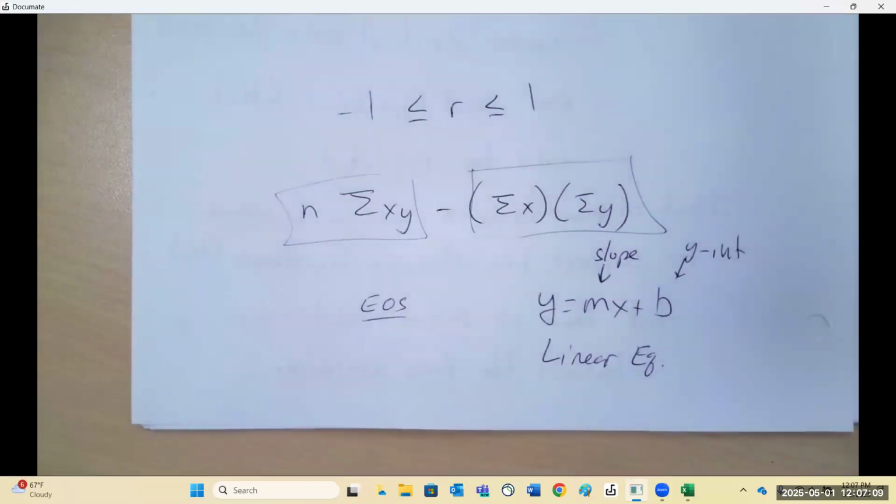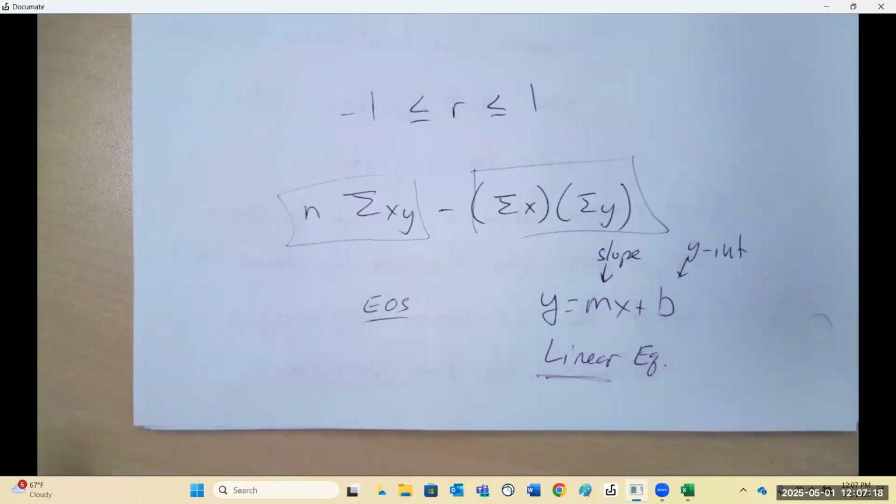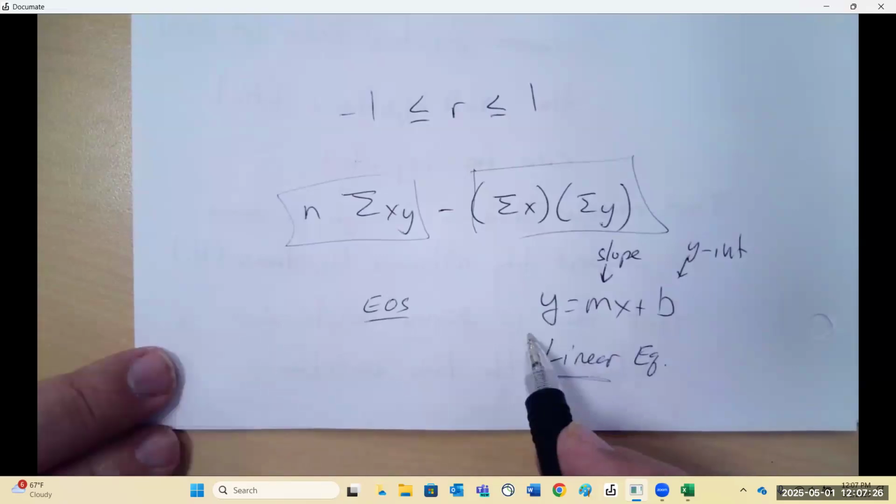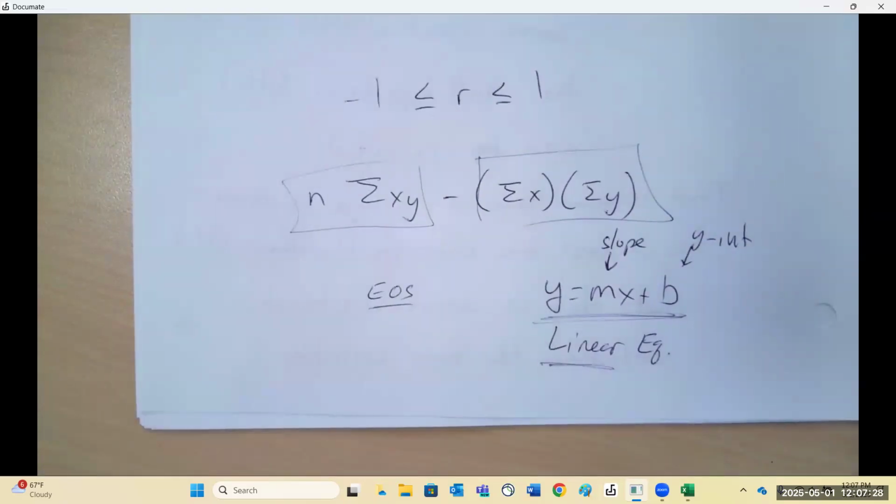This is from algebra. Now, why is this important? Because all these correlations we talked about were linear correlations. So if it's a very strong linear correlation, that means there's a formula we can come up with. Why is this good? Because if we can come up with a formula, then we can predict future occurrences.